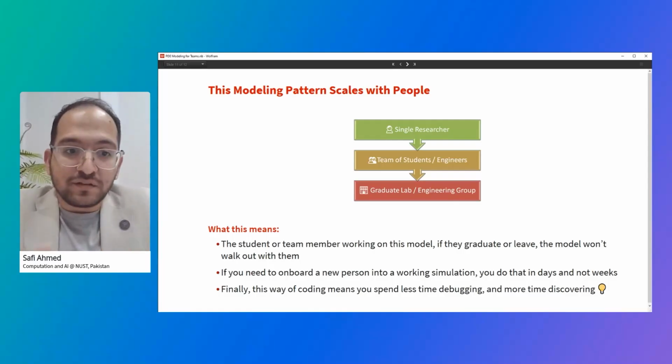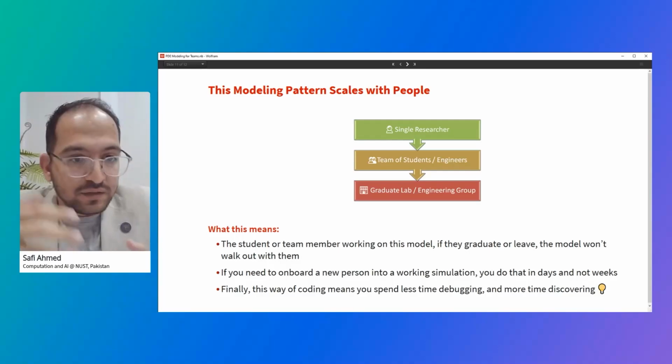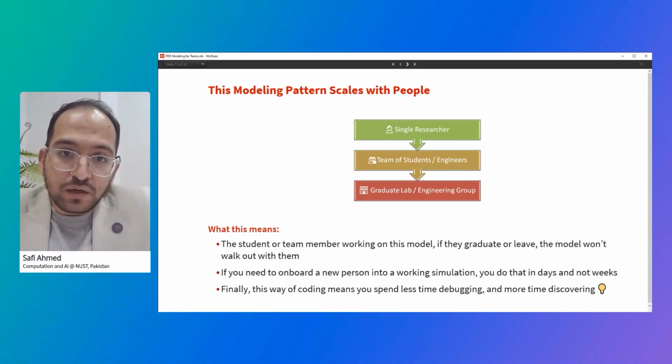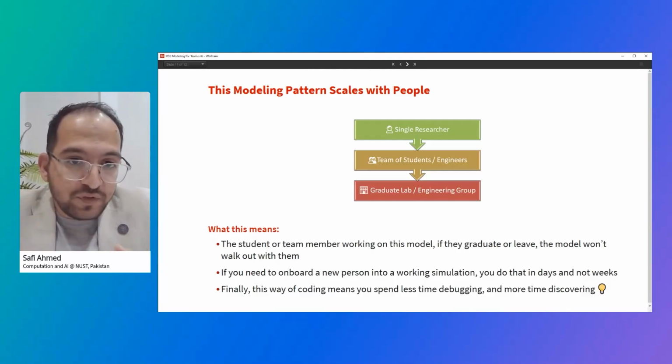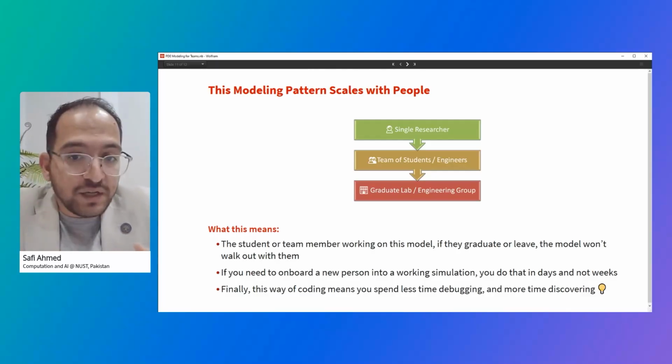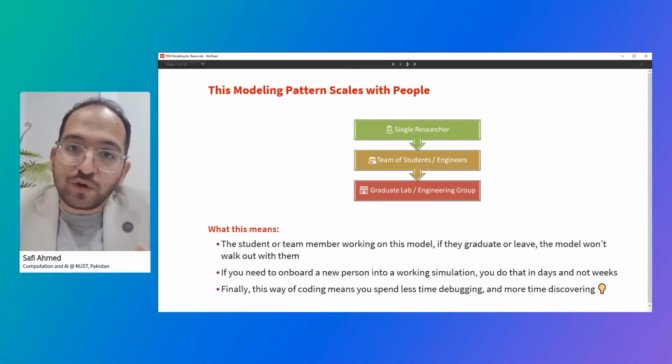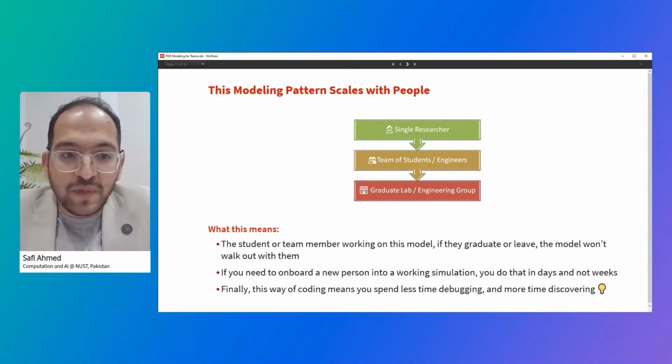Now, what this means is that if you have a student or a team member working on their code using this approach, and that student graduates or that team member leaves your team, the model is not going to walk out with them.